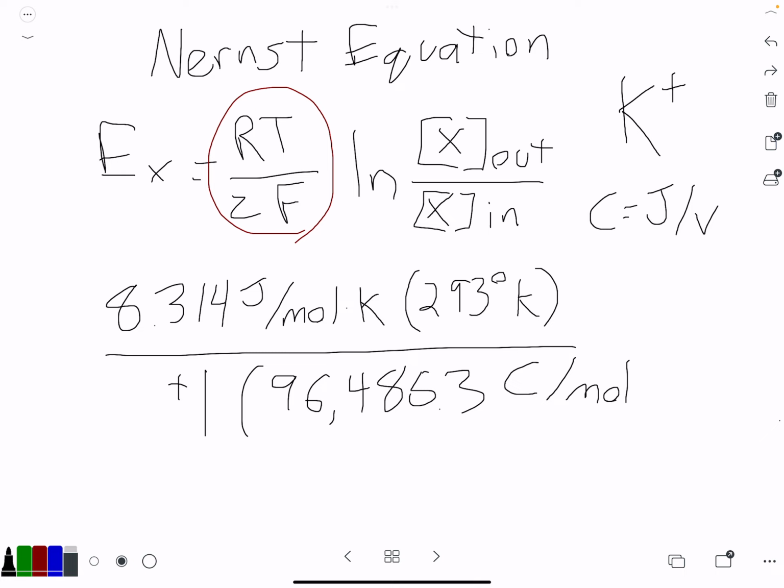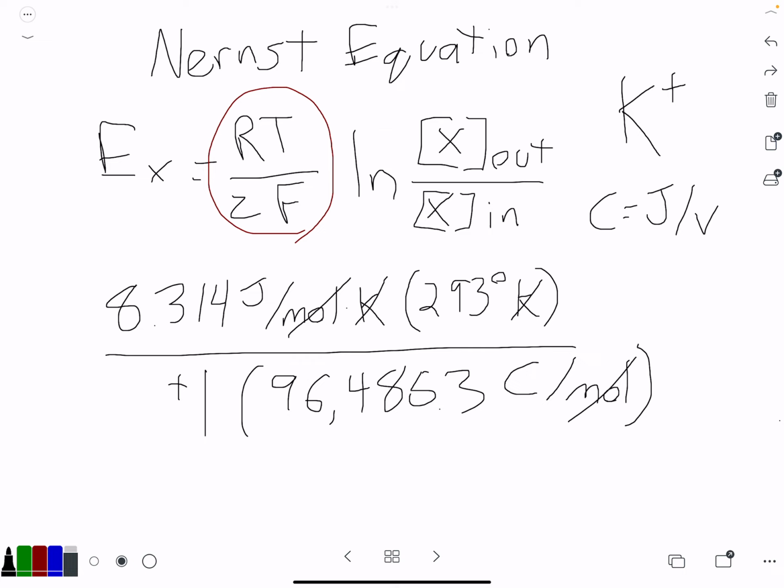If you go through here, you'll see that everything cancels. The Kelvin in the numerator cancels with the Kelvin in the denominator, and the moles too. Remember how your signs switch: moles is in the denominator of the denominator, which makes it the numerator, so those moles cancel out.